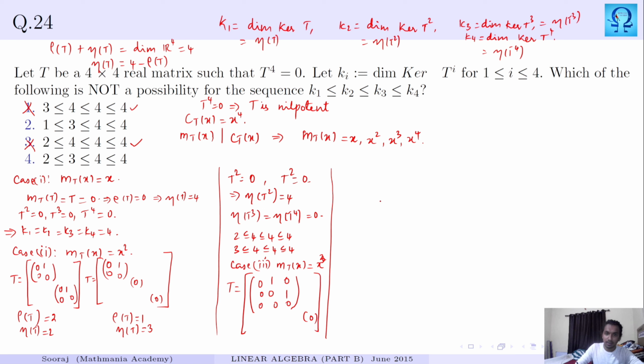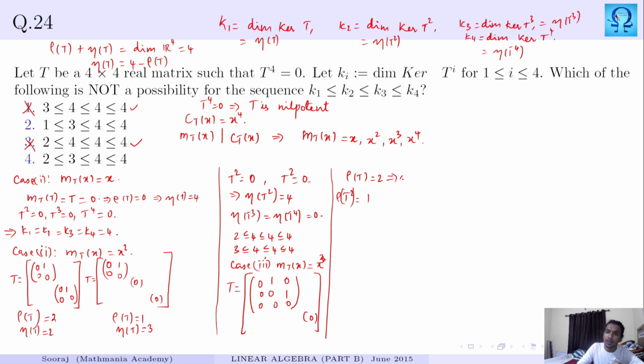So in this case also the rank of this matrix is 2, and when you calculate T square, you can very well check there is one entry in the second row, so this will give you a non-zero entry. So rank of T square is not 0, it is 1. We do not have any entry in the third row, so this one does not contribute anything, but this one along with this one contributes something, so the rank is going to be 1.